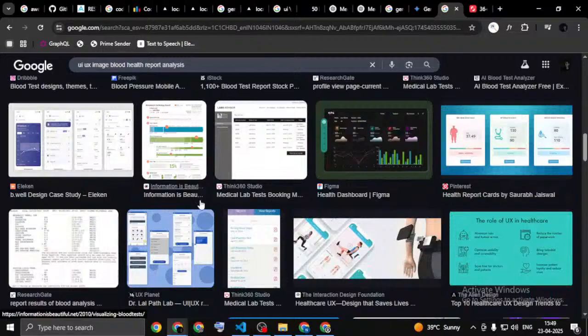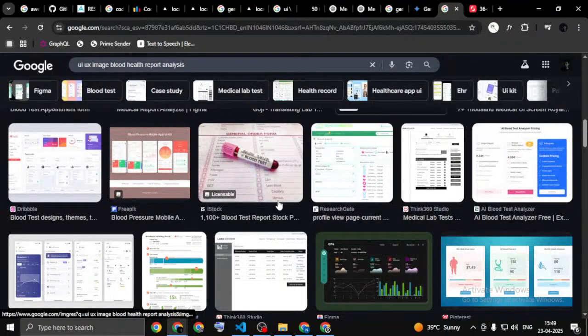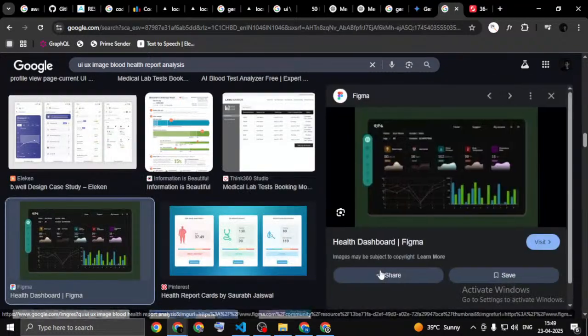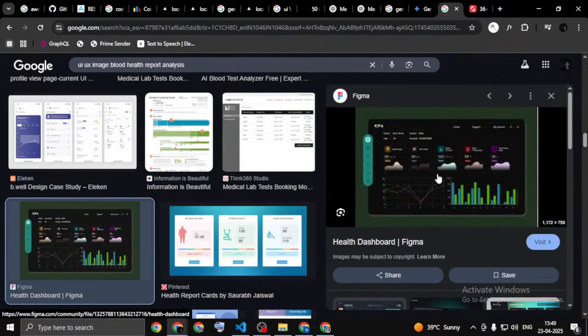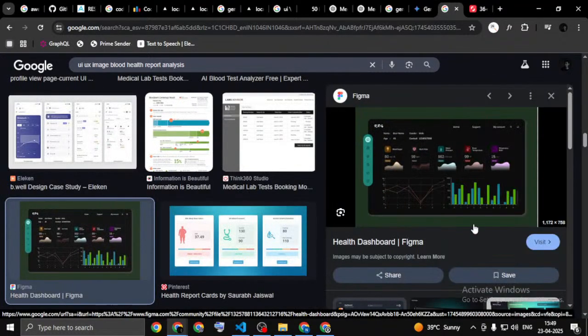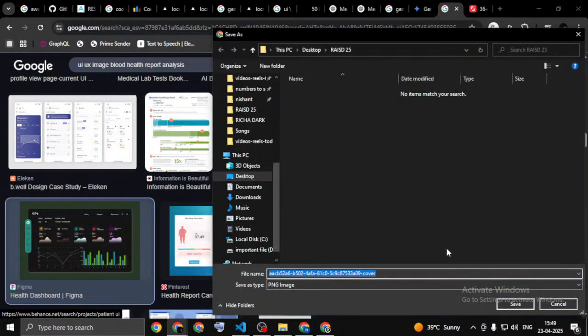This is good. Save. I want this kind of thing in the dashboard.